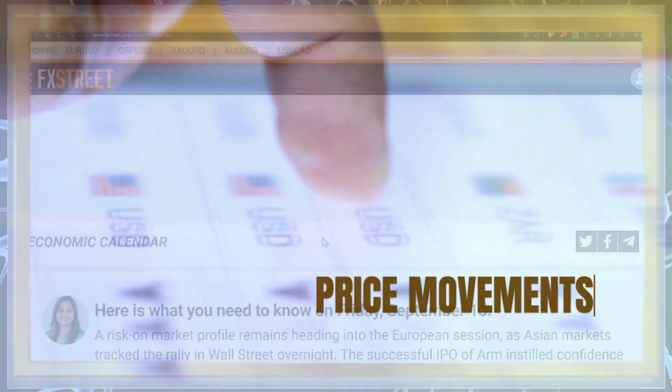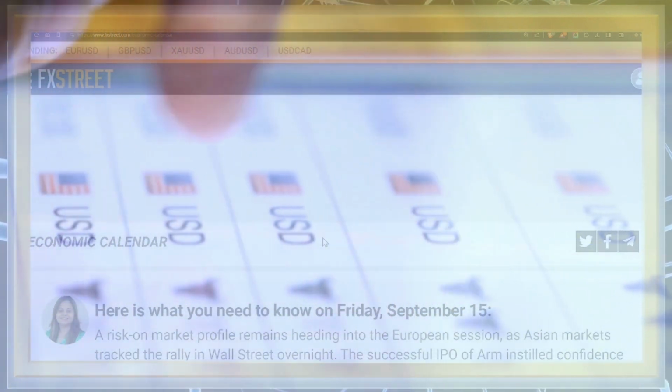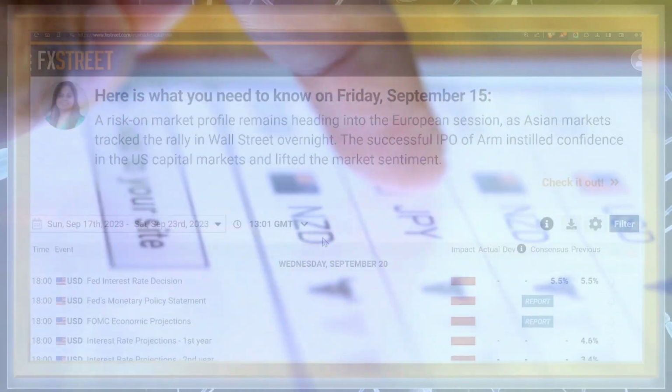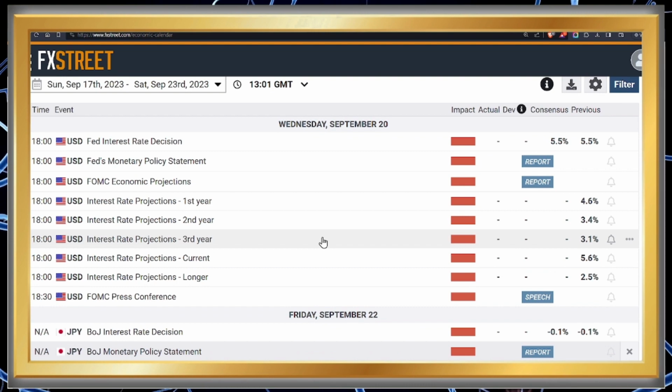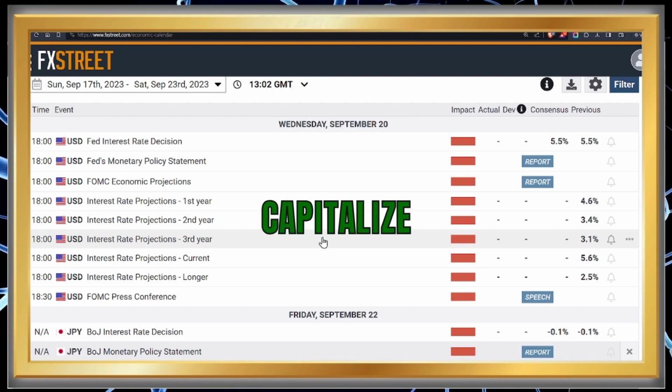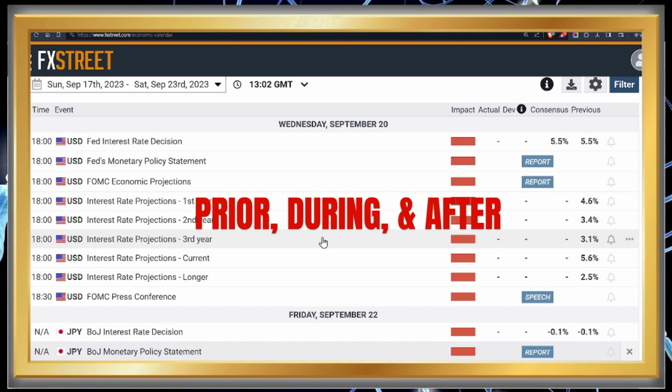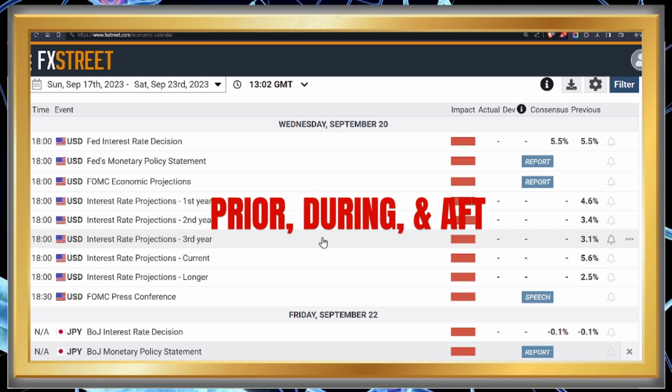By monitoring the economic calendar, we can identify potential correlations between key economic releases and specific technical patterns, thereby giving us valuable insight into helping us position ourselves in such a way that we can capitalize on any potential move prior, during, and even after this event.